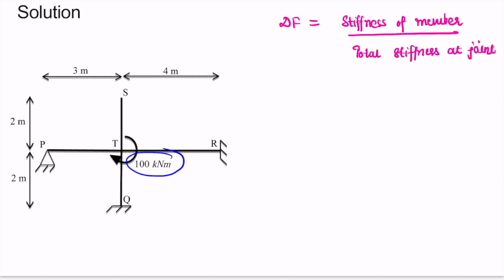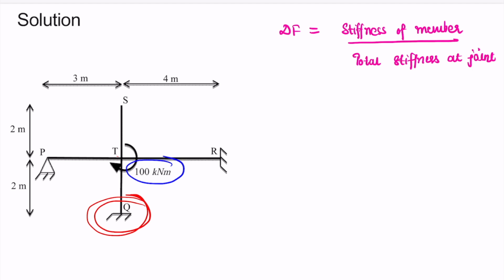So here we have the members PT, QT and TR which are connected at T. So first of all, let's find out the stiffness of different members. So let's take up this member QT first.